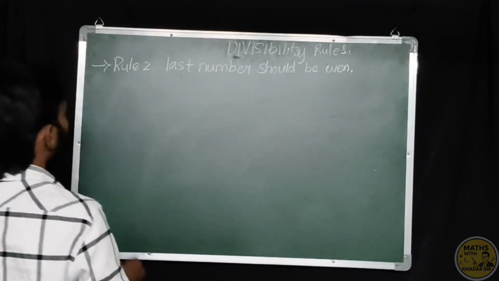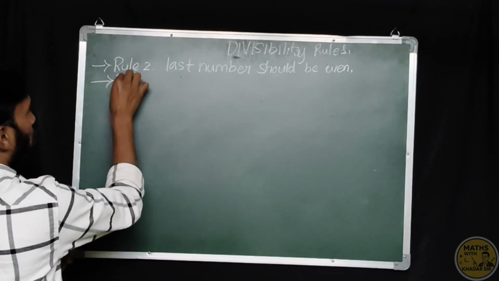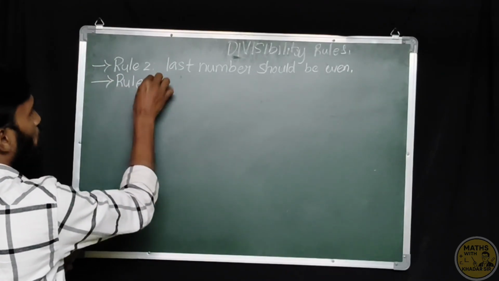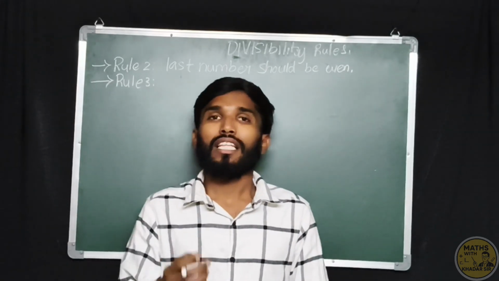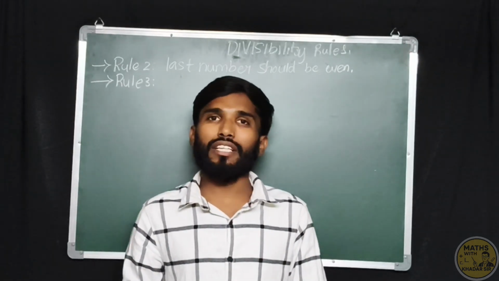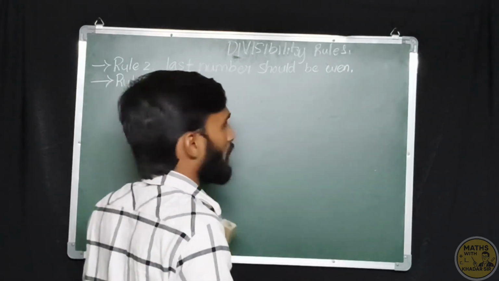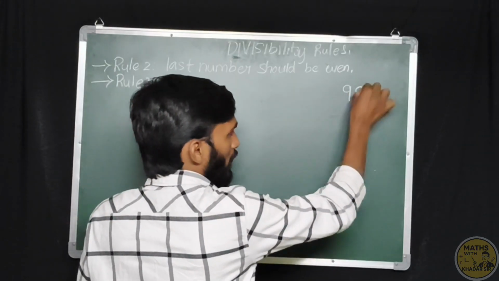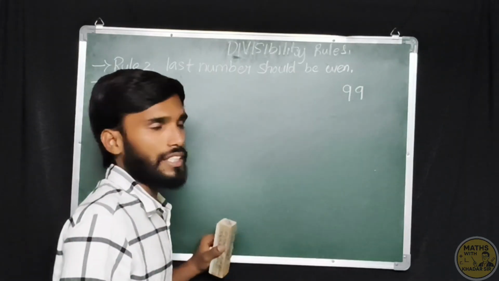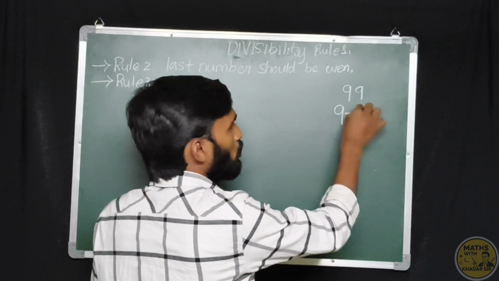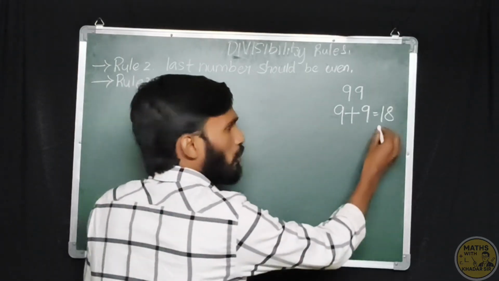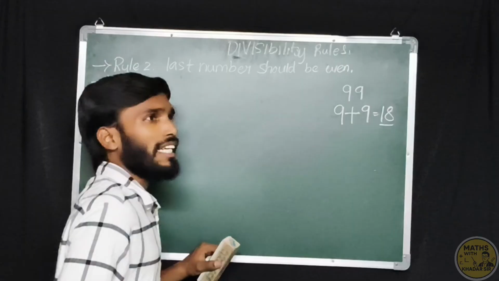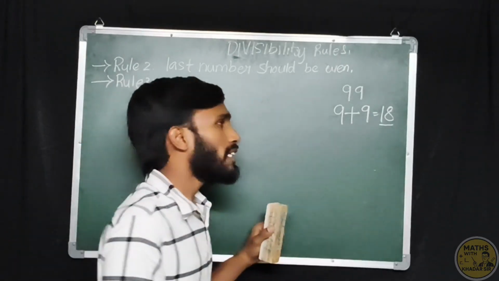Now come to the divisibility rule of 3. What is the divisibility rule of 3? It is nothing but the sum of the digits of the given number. For example, I am taking the number 99. Here, how many digits are in this number? 2 digits. When you add these 2 digits, 9 plus 9, we get 18. Now you also know that 18 is in the 3 table, 6 times.